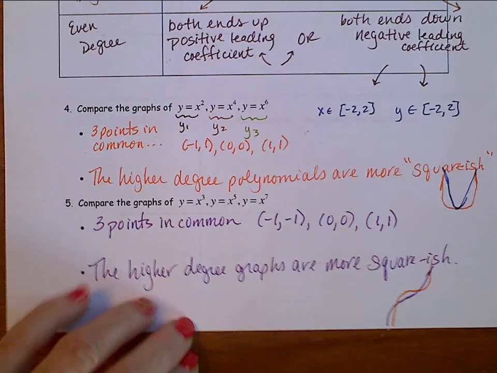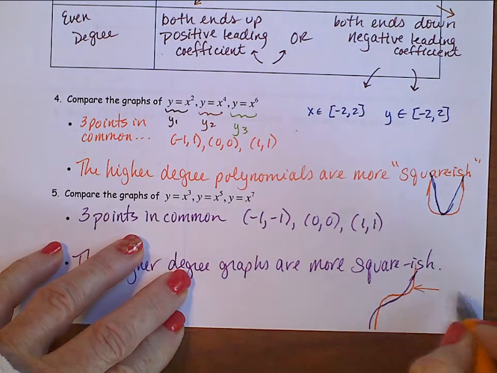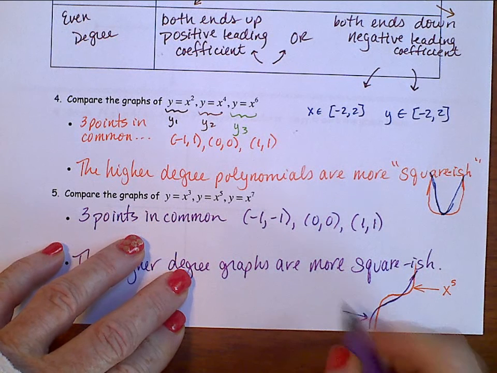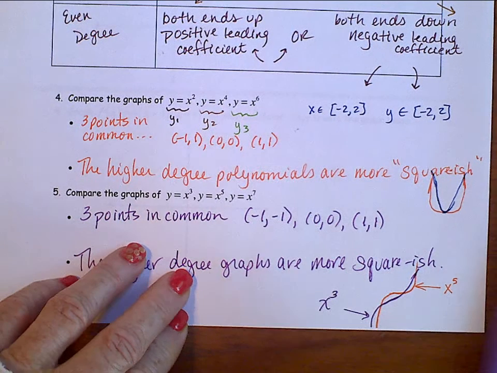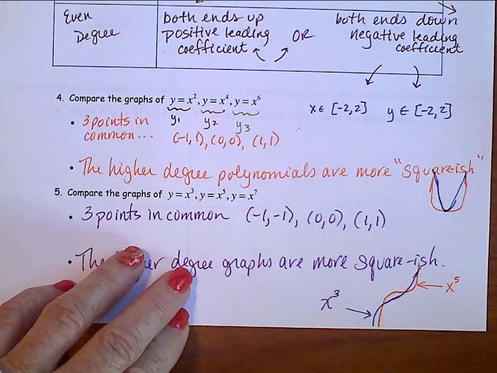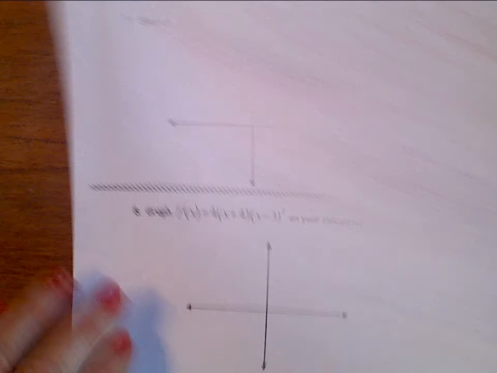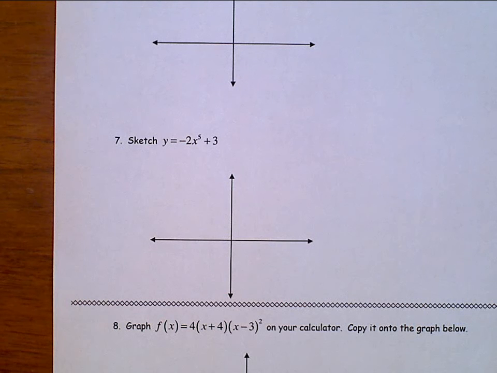So this orange one is more like an x to the 5th or an x to the 7th, and this purple one like an x cubed. All right, moving on.